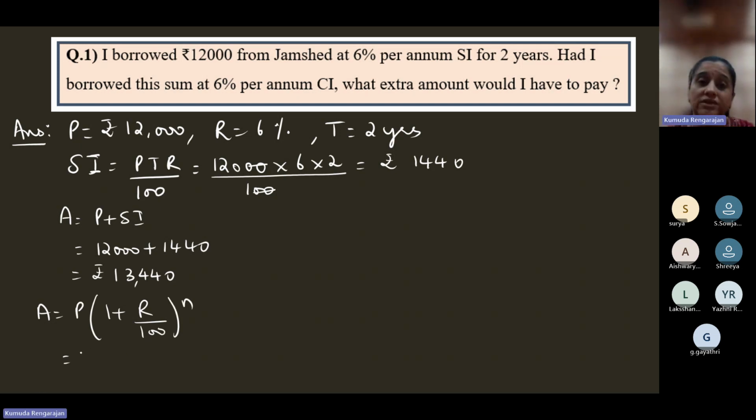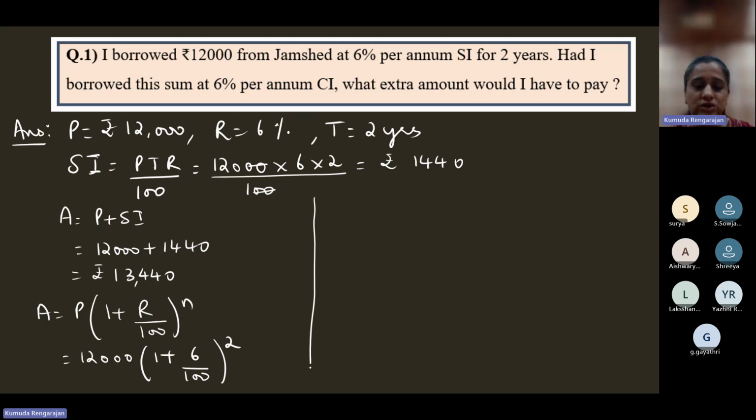So here you get the amount directly. Amount is equal to P into 1 plus R by 100 to the power N. Principal is 12,000, the money borrowed, into 1 plus R. Rate is 6% per annum compound interest, so 6% is the rate of interest by 100 to the power N. N is the number of years, the time period, 2 years.